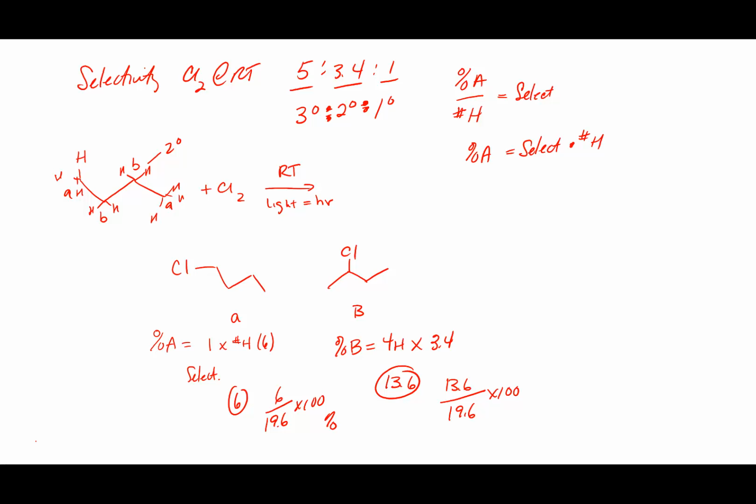Now, there's a problem. It's not really a problem, but it is. There are different selectivities for different reaction conditions. So if you do that same analysis to do bromination at room temperature, what you find is that the selectivities, again, will be tertiary to secondary to primary.